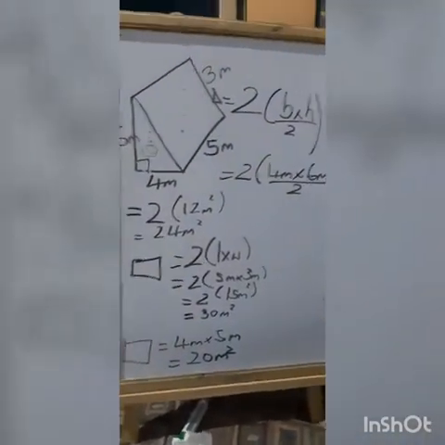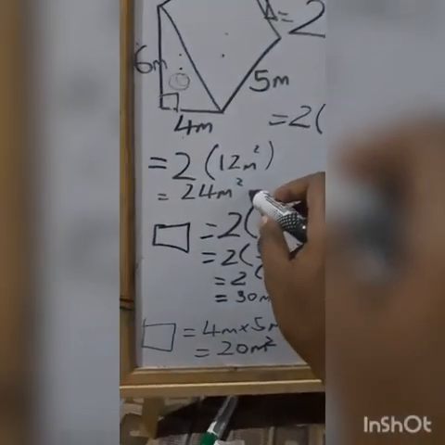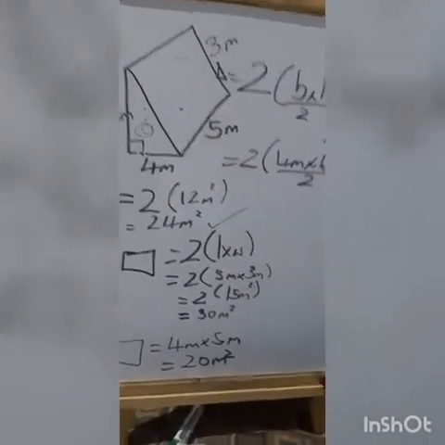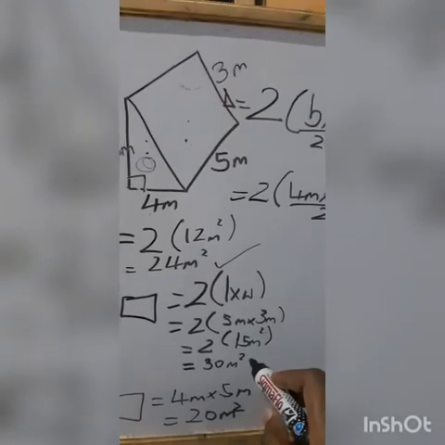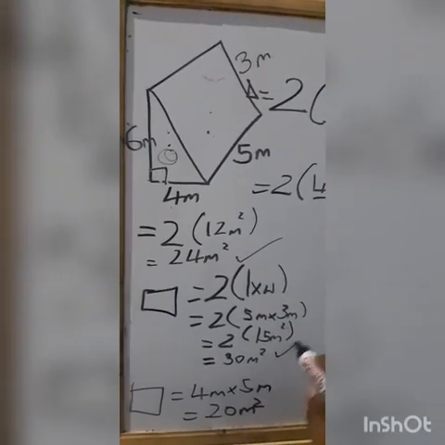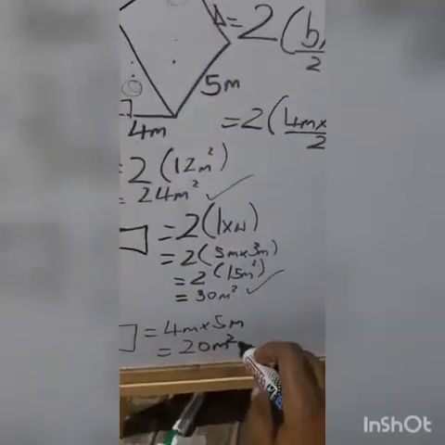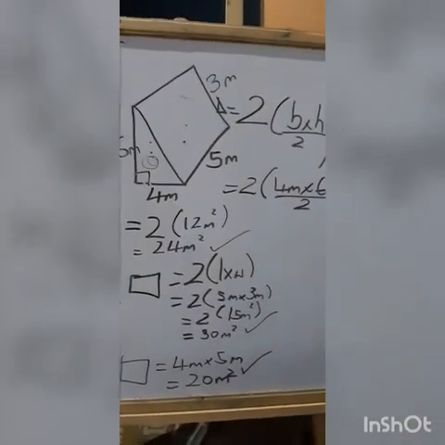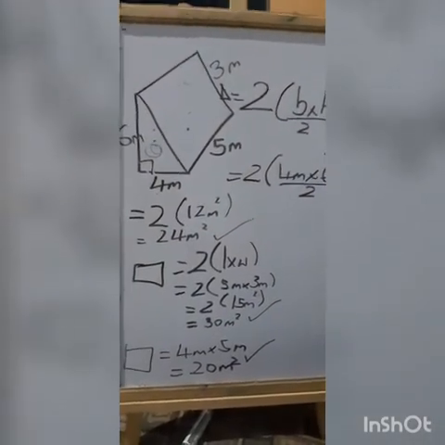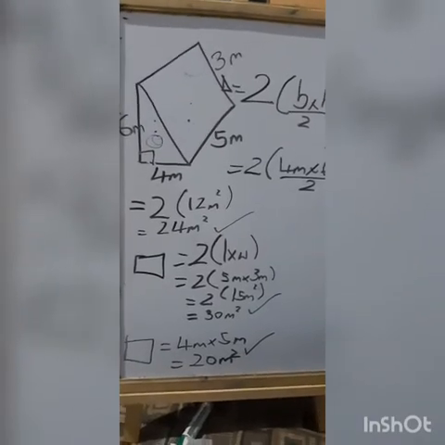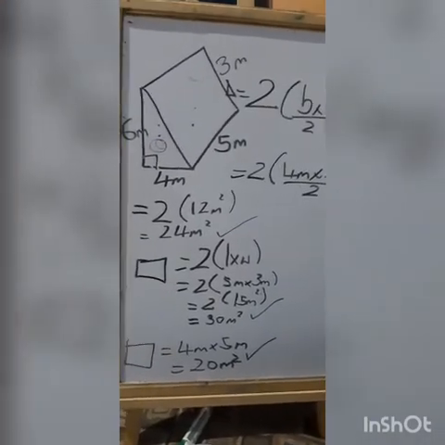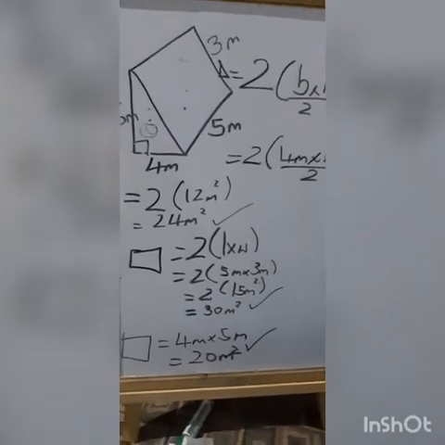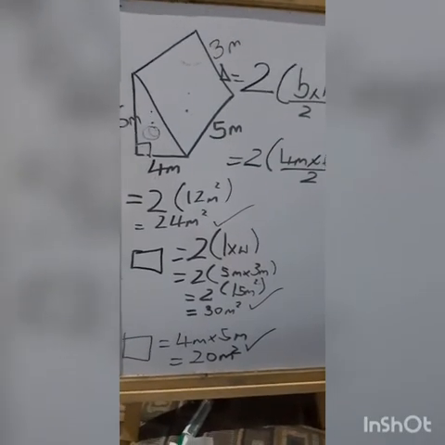So now we have the total surface area of both of the triangles. We have the total surface area of the two front rectangles, and we have the total surface area of the bottom rectangle, or the rectangle at the base. What do you think we can do now to find the total surface area of the entire triangular prism? Pause the video and tell me. Yes, we can add all of the areas together which we found.